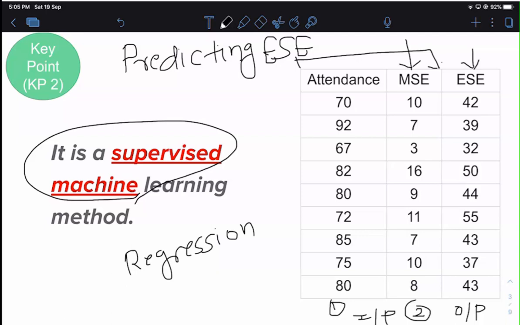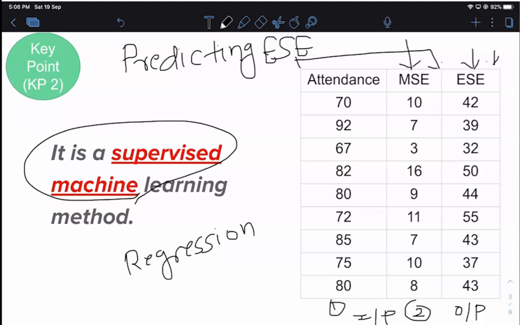Now, in the case of a supervised machine learning algorithm, we saw that the output variables are labeled. Here the output variable is present and it is the label, so we know the values of the output variables. That is the definition of a supervised machine learning algorithm.